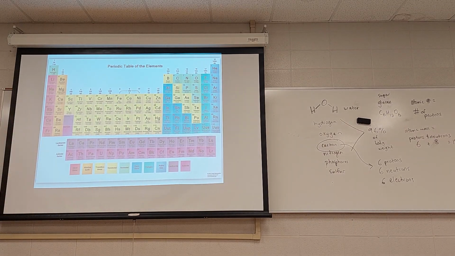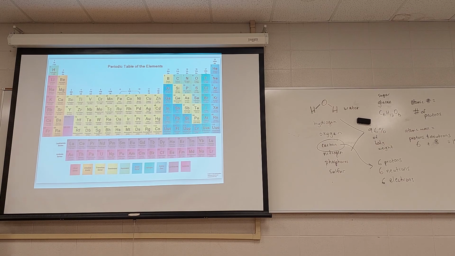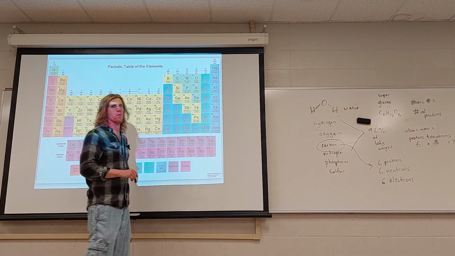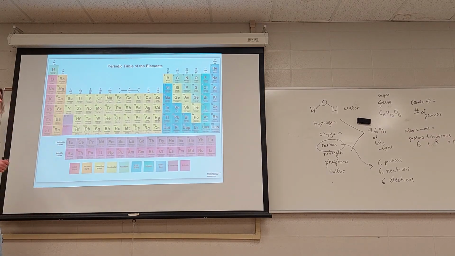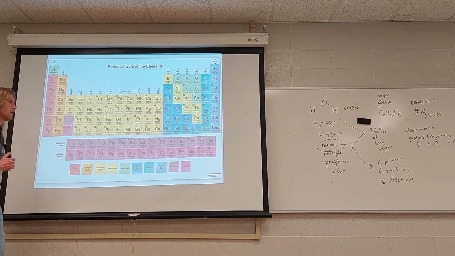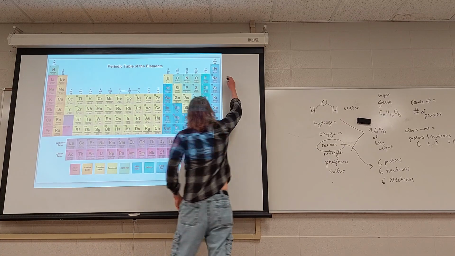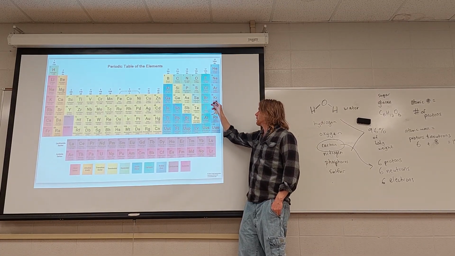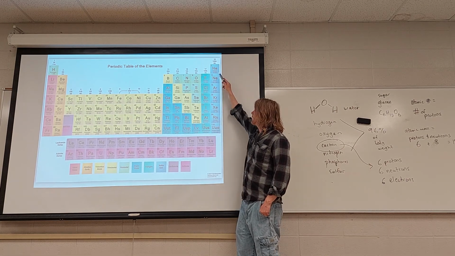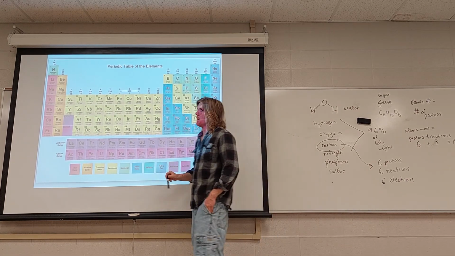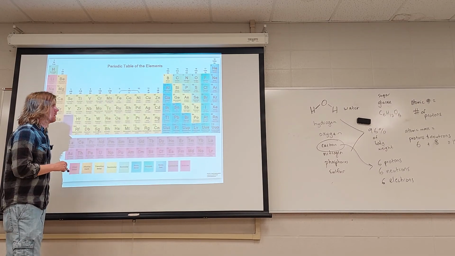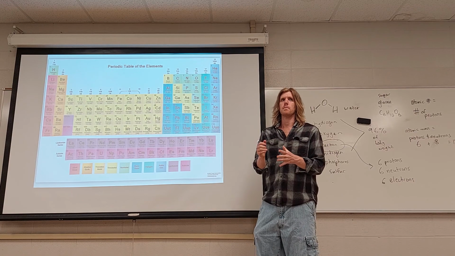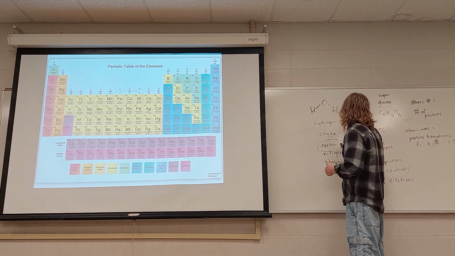The periodic table is arranged such that members of vertical rows actually share features in common. For example, this row right here with helium, neon, argon, krypton, xenon, and radon, those are called the noble gases, right? And that means that they're stable by themselves.